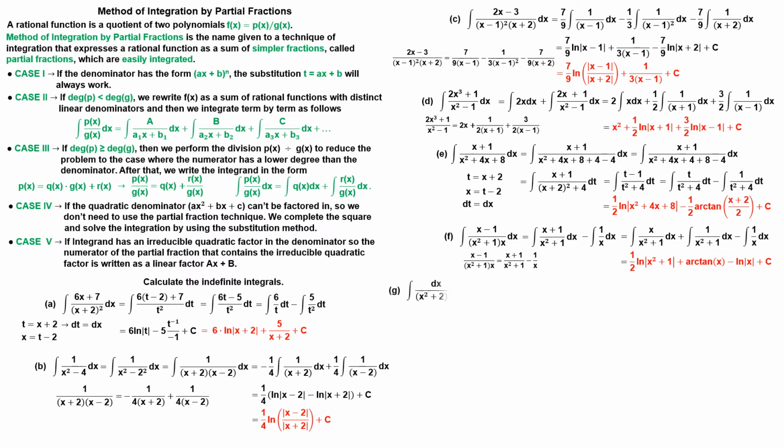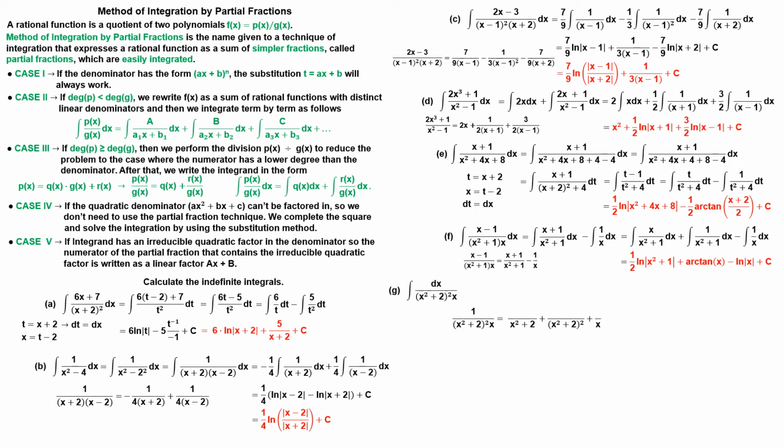Let's solve item G. We start breaking up the original rational fraction into a sum of partial fractions. In this integral, the denominator contains a repeated irreducible quadratic factor. The form of the partial fraction decomposition is similar to what we made in item C. The x in the denominator has a power of 1.